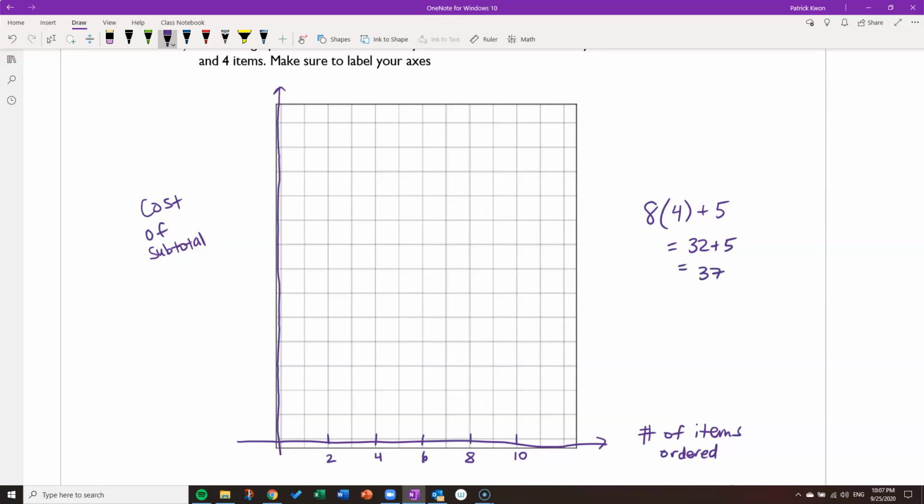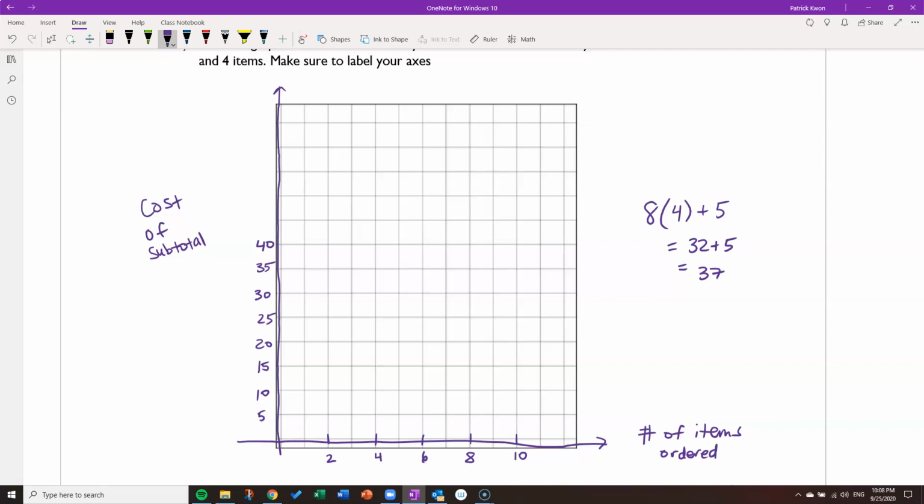And so if I put 8 here, I would want to plot a point so that the vertical axis gives me 37. So maybe I'm going to increment these by 5. So let's call that 5, 10, 15, 20, 25, 30, 35, 40, and then I'll just leave the rest blank for now.